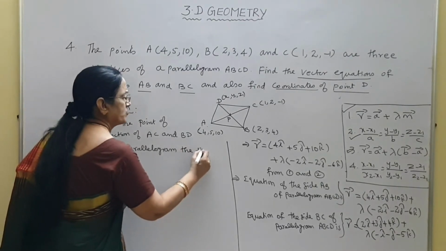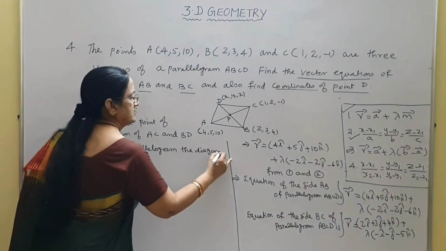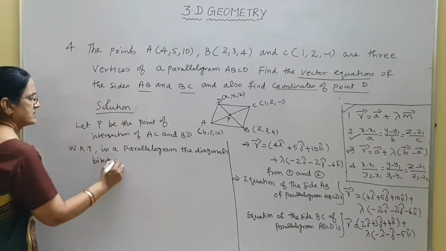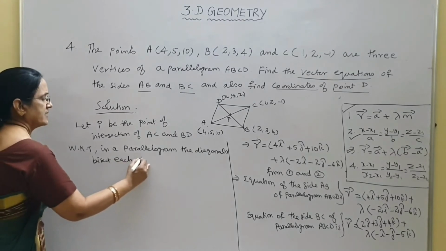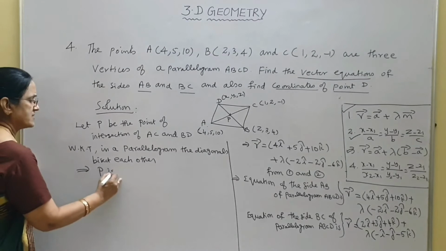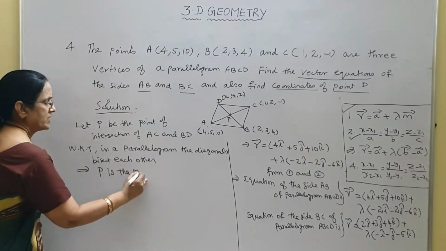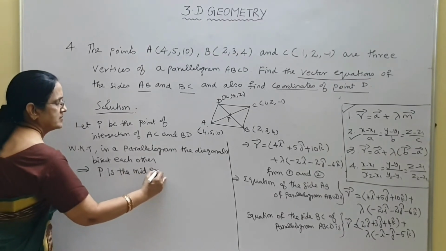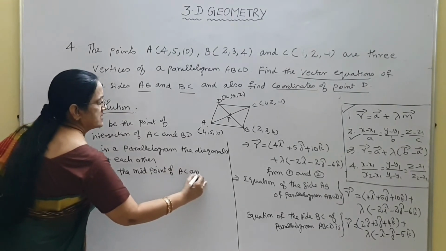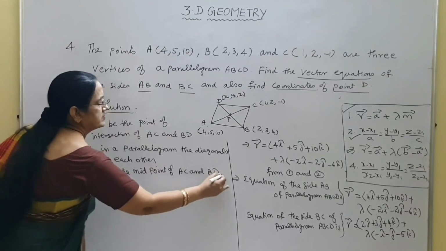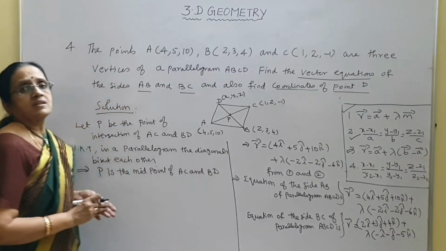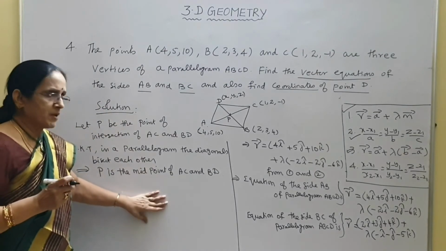Very important point, you have to mention it. The diagonals bisect each other. Implies P is the midpoint of AC and BD. This is a very important point. You have to mention it in your paper.